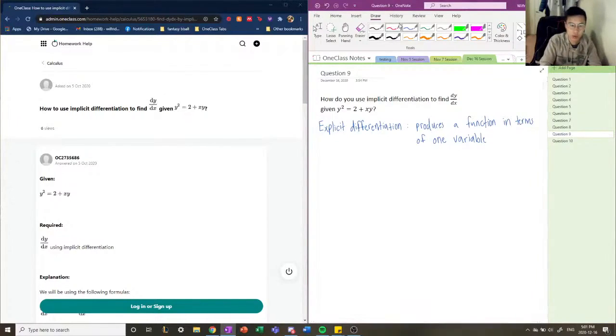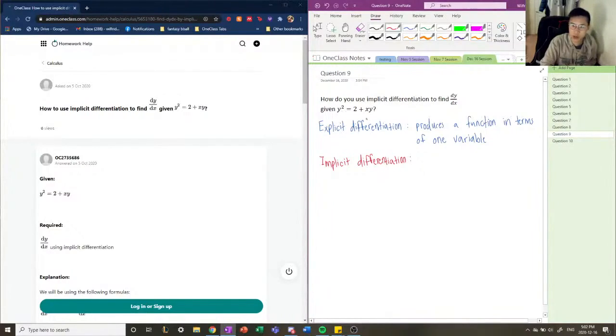Okay, so how is that different from implicit differentiation? Implicit differentiation differentiates implicit functions, so functions where it's not very clear how many variables are involved. So this is an implicit function. You see that y squared is a function of x and y, right?